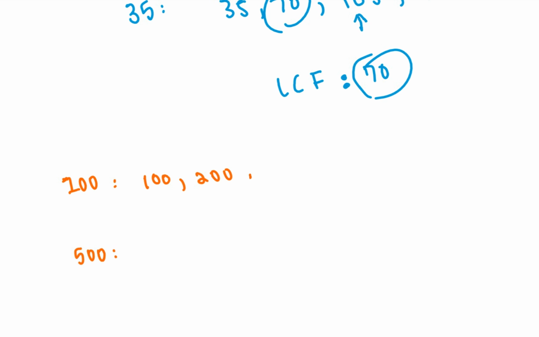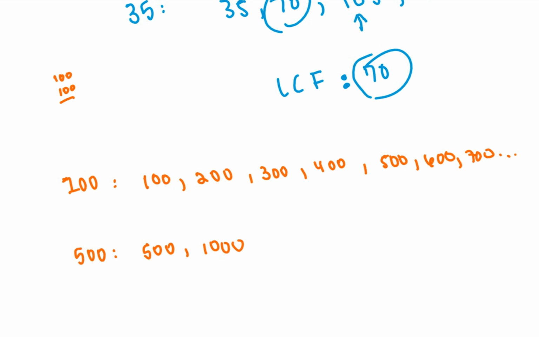So we have 100, 200, 300, 400, 500. Then we have 500 and 1,000. You're adding 500 every time.